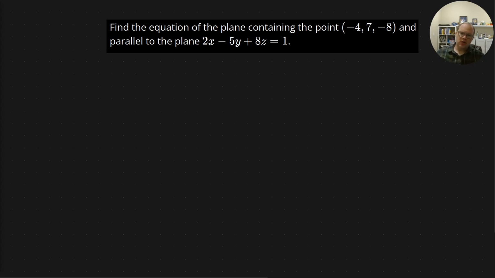So let's take a look at an example. We want to find the equation of the plane containing a particular point and parallel to another plane. All right, so what do we need? If we want to find the equation of a plane, what do we need? Well, the formula for a plane, and I showed you a few different ones, but this is the one I like best because I think it communicates the most information.